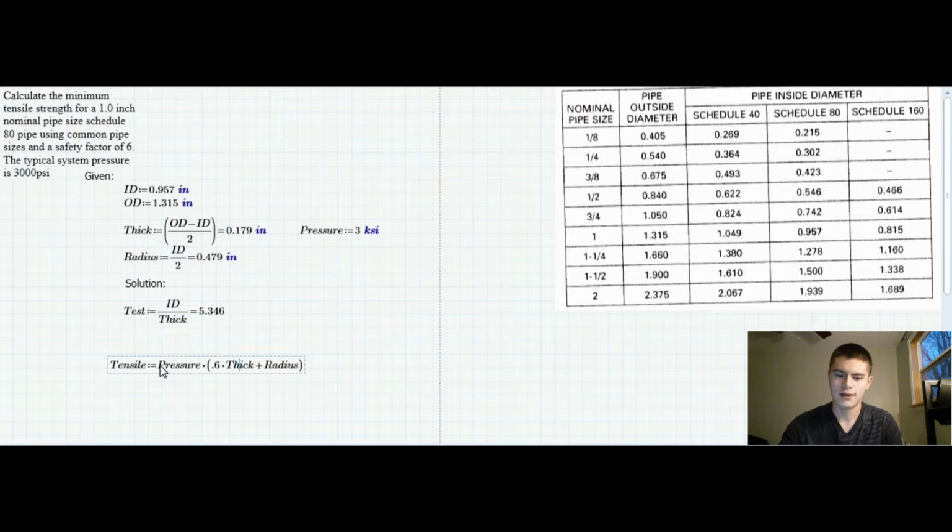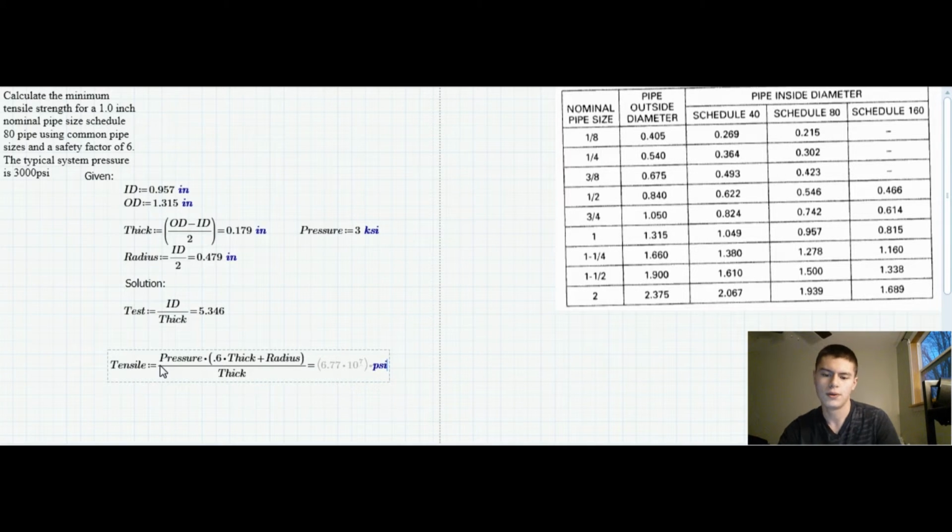And we've got to capitalize the T here. And then I can go over and divide this entire thing by just the thickness.